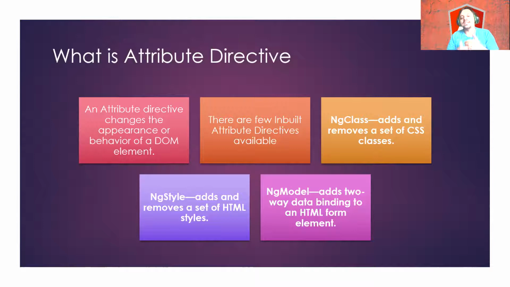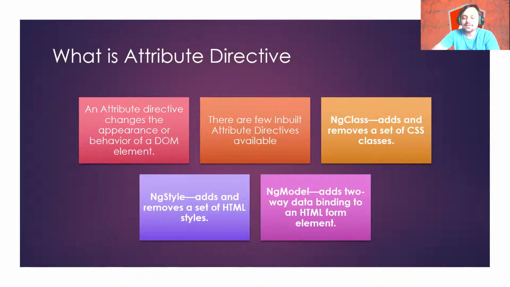The inbuilt directives provided by Angular are the NgClass directive, NgStyle directive, and NgModel directive. NgClass adds or removes a set of CSS classes. NgStyle adds and removes a set of HTML styles. And NgModel is used for adding two-way data binding to an HTML form element.